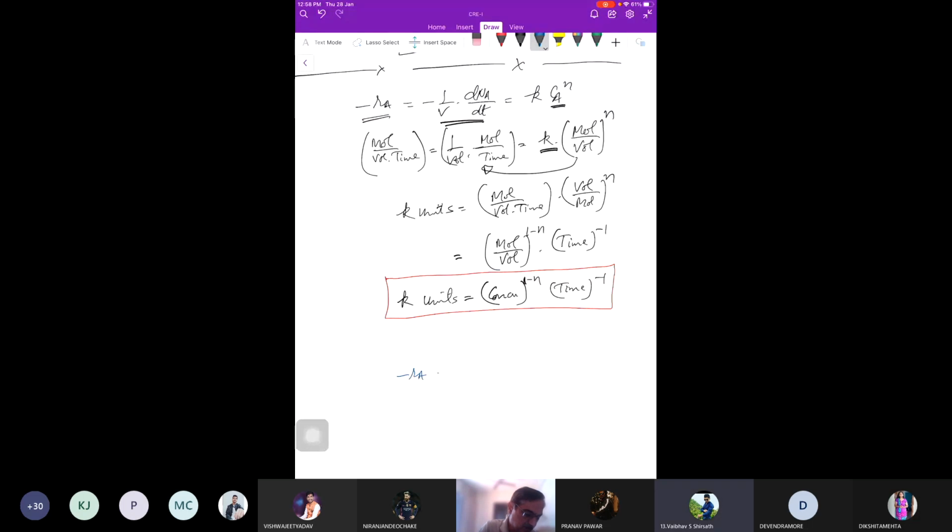K equals to 3.34 into 10 to the power minus 5 meter cube per mole second. यूनिट्स क्या है K का? Meter cube per mole second. सी एस स्क्वायर आएगा ना K यहाँ पर.